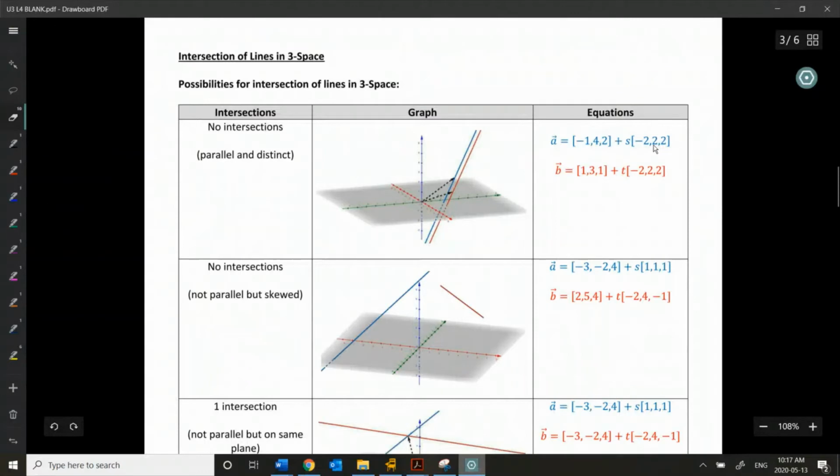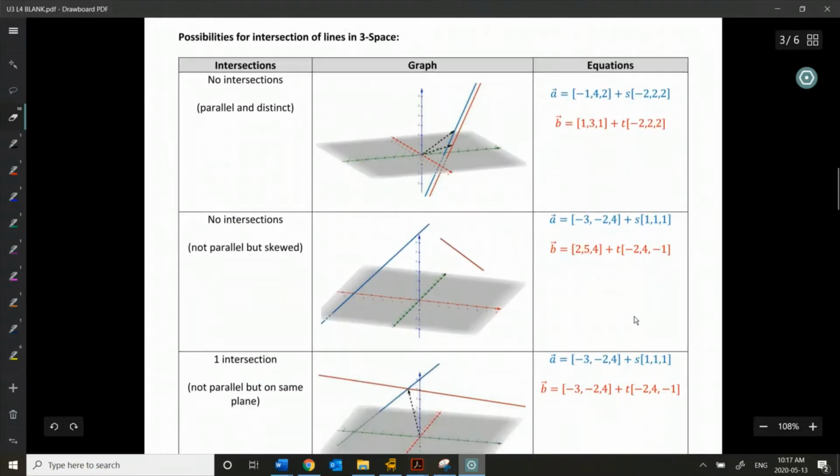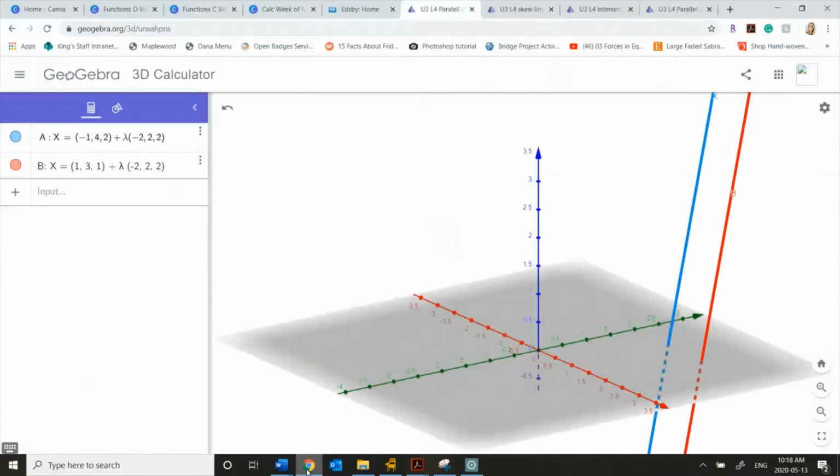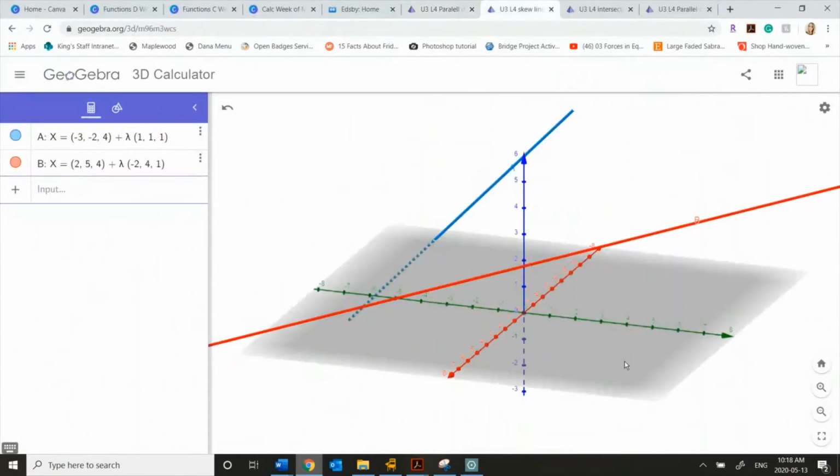And you've got a couple samples of what that might look like. So you'll notice that the direction vectors are the same, or they might be scalar multiples of one another. You can also have what we call skew lines, and this means that the lines are not parallel, but they just miss each other in space. So this could be an example of 2 equations of skew lines. I'll show you what that looks like in 3D.